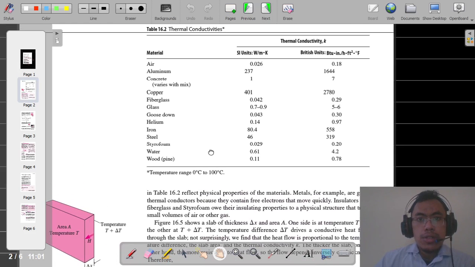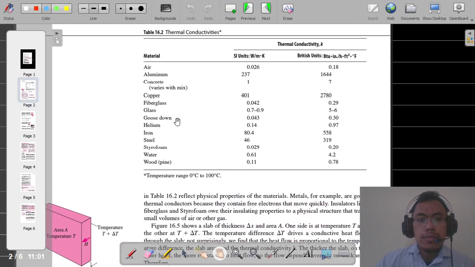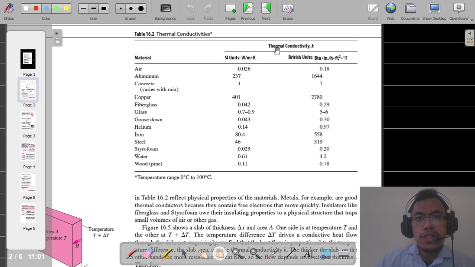Okay, so we continue. This is the thermal conductivity of the materials, and as you can see, there are a lot of different materials with different thermal conductivity. Let's say air is also considered a weak conductive material because it only has 0.026 for its thermal conductivity.